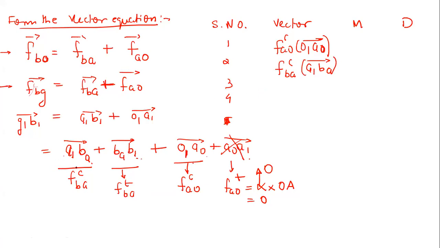Then the next vector is FBA tangential, that is the BA B1 vector. And the last vector is simply G1 B1, or you can say the acceleration of FB relative to G.